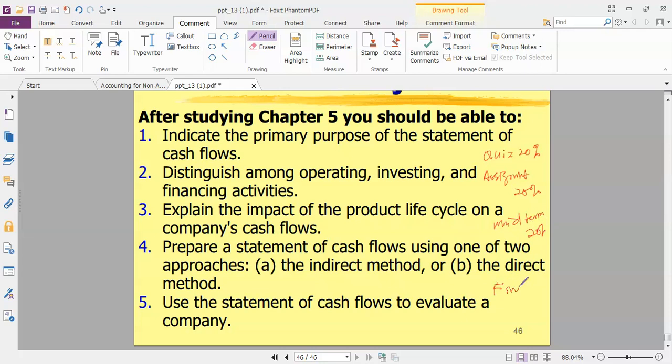If you notice, the final exam is 40%, so the total is 100%. Later on I will decide which topics we will cover for the assignment. Is there any question regarding the assessment?